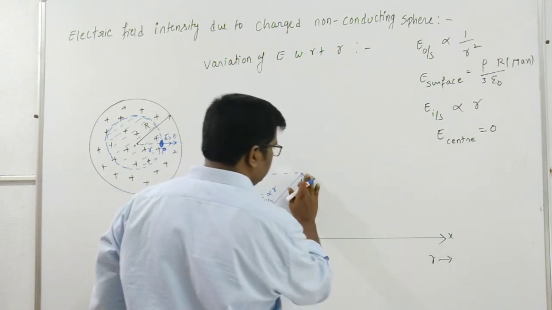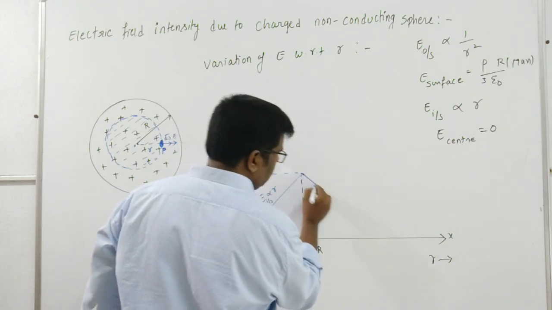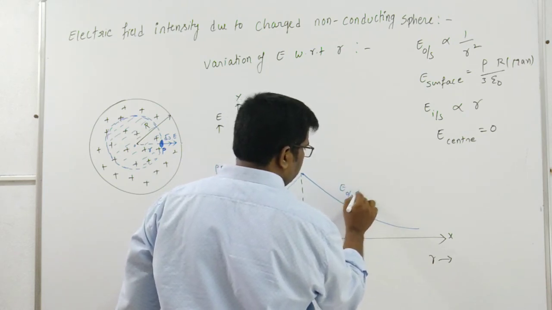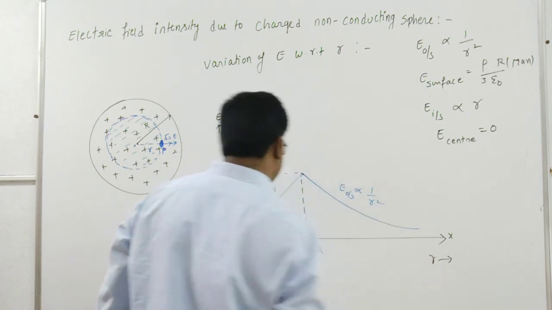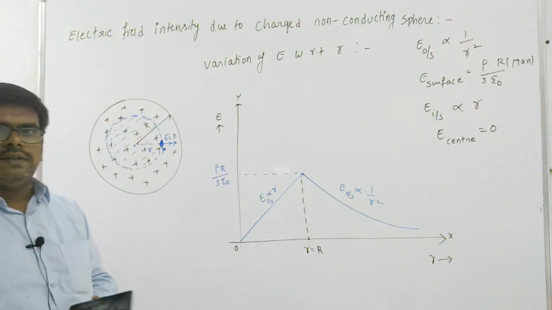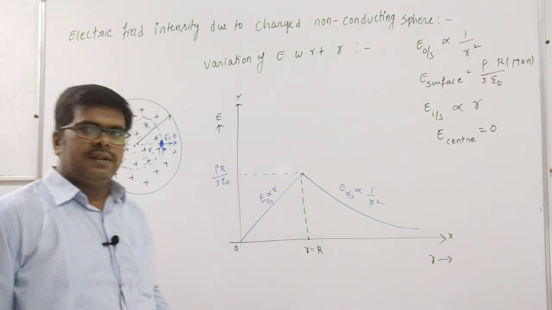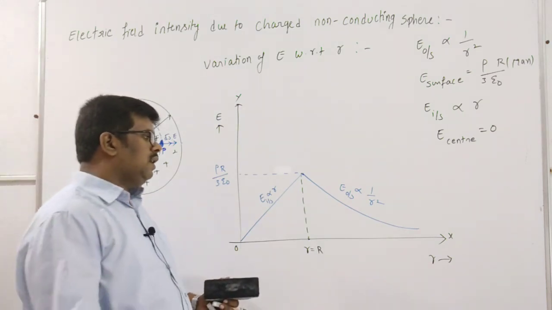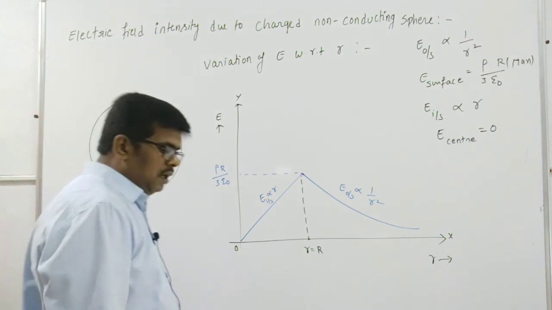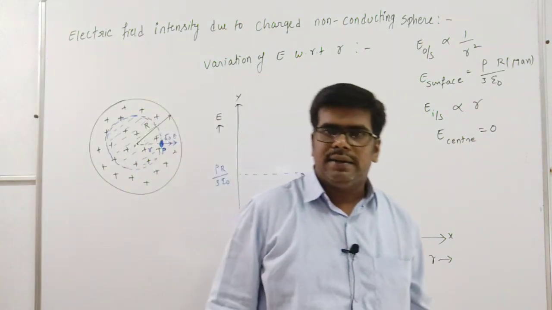Then you can observe that E outside is inversely proportional to distance square. So this is the variation of the electric field intensity with respect to the distance. You can observe this even in the case of a non-conducting cylinder. So this is the last application of Gauss law.